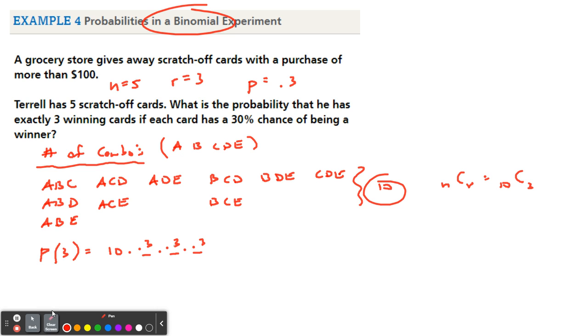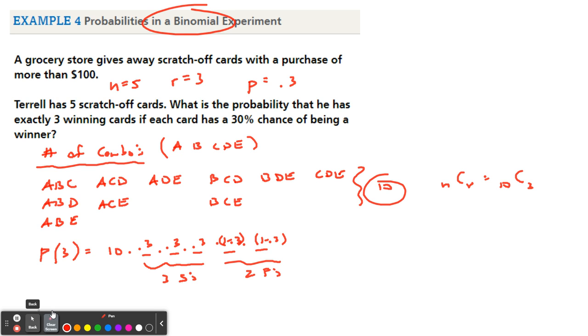Those are our 3 successes. And then the next 2 spots must be our failure probabilities, so 1 minus 0.3, and then 1 minus 0.3. This is our 2 failures. And that's how we get that binomial formula with the 5 spots total, because we're choosing from 5 cards.